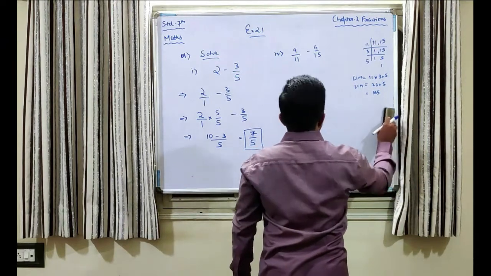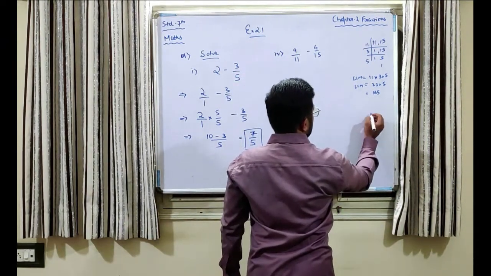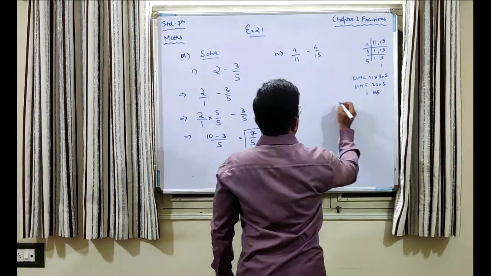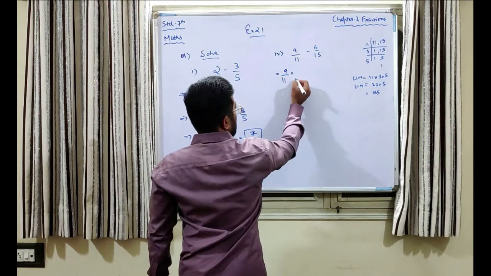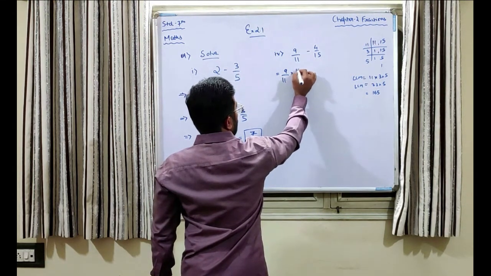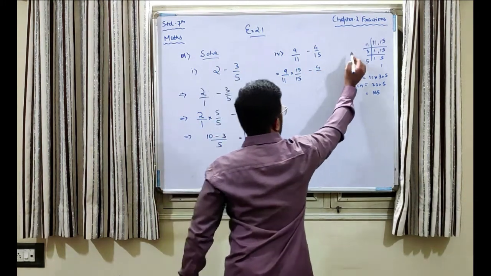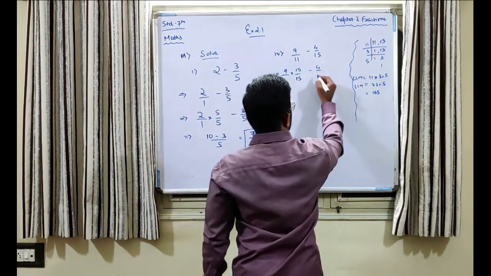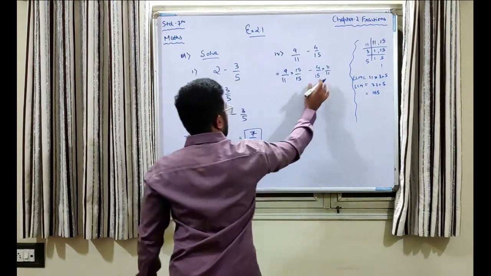Okay. Now we will multiply 11 with 15 here in order to get 165 in the denominator. Similarly, we will multiply 15 with 11 here in order to get 165 in the denominator.